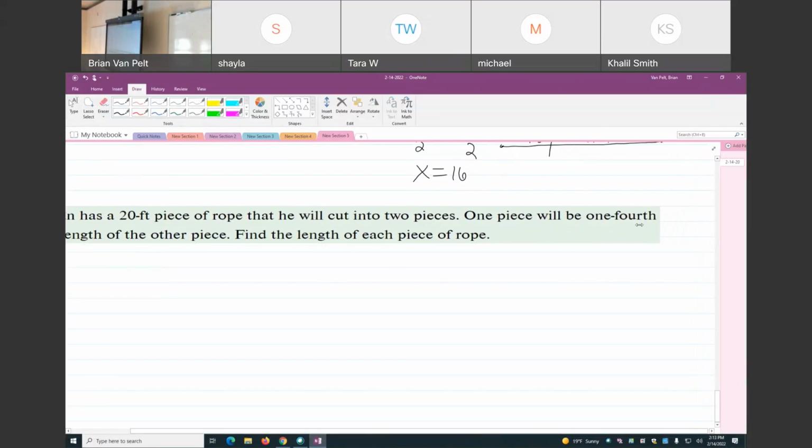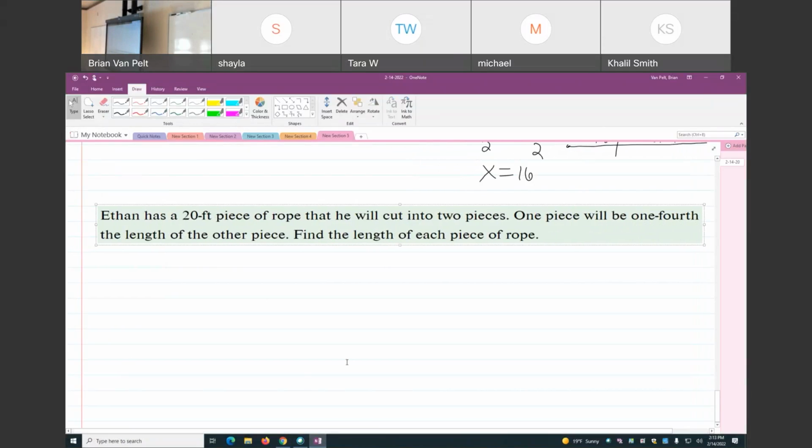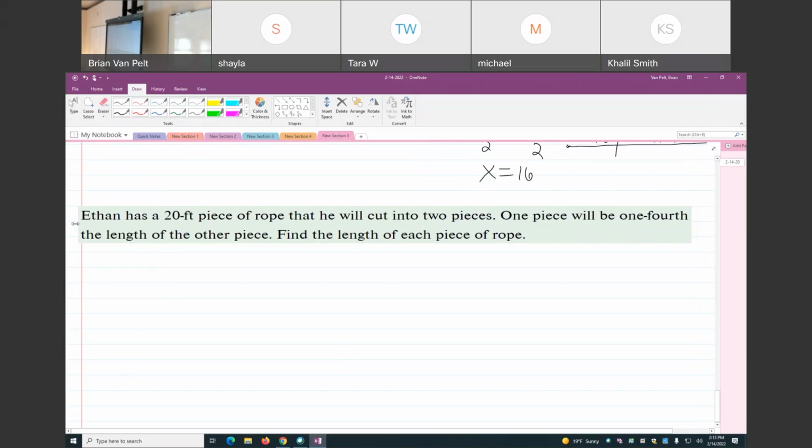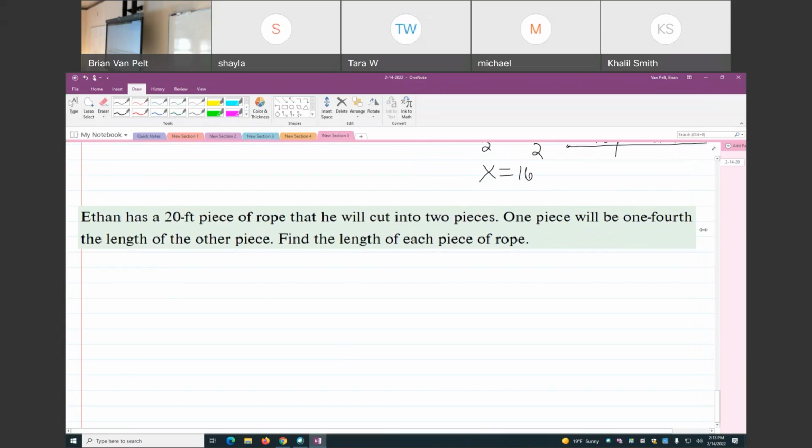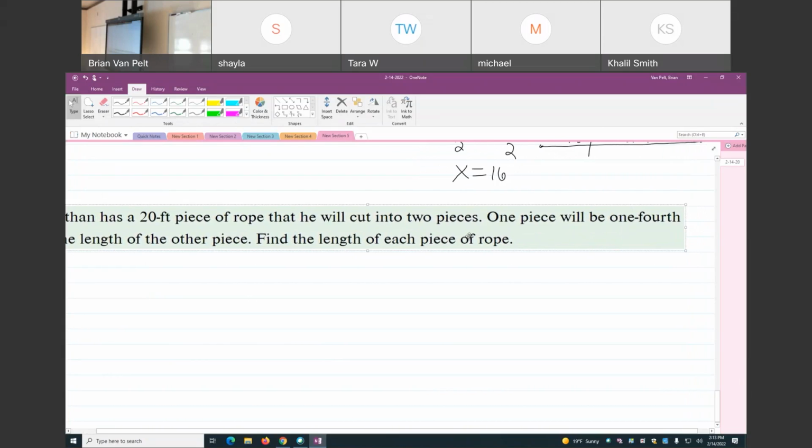Hopefully you can read it while I'm playing around.